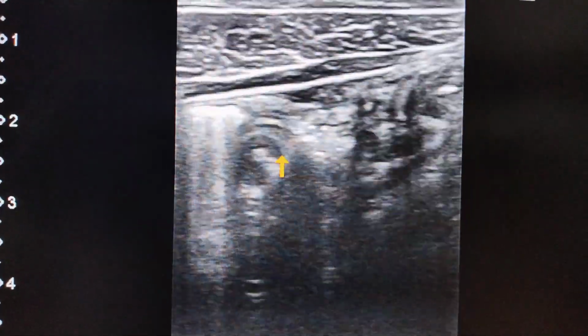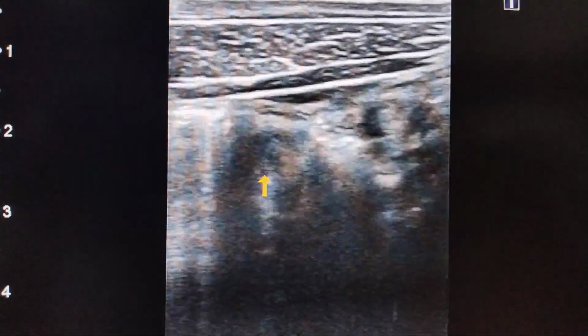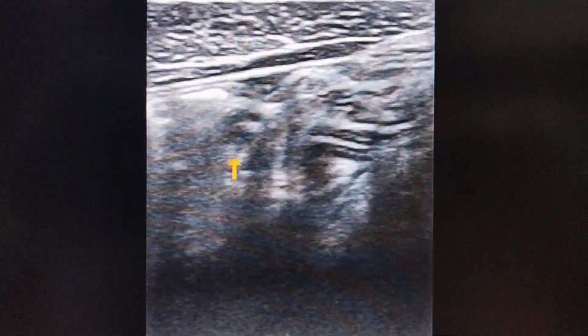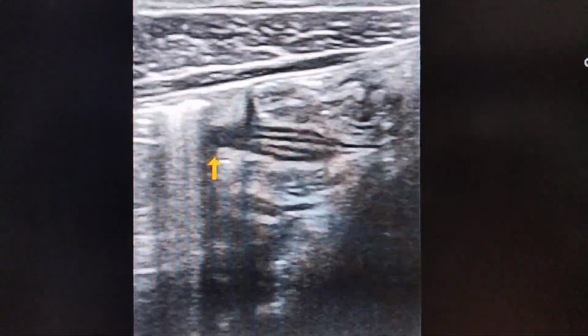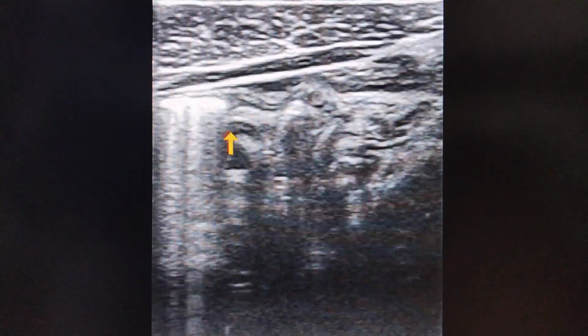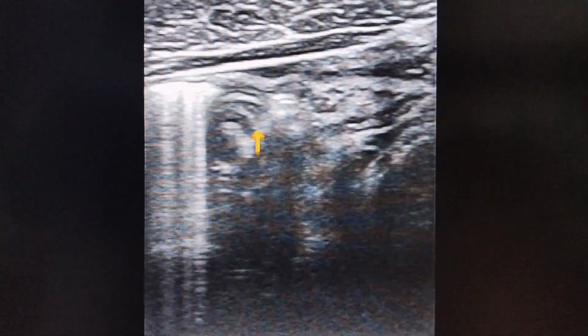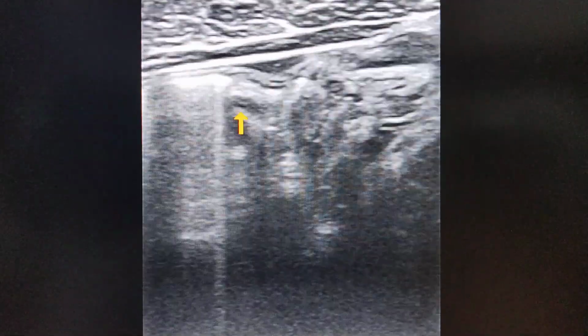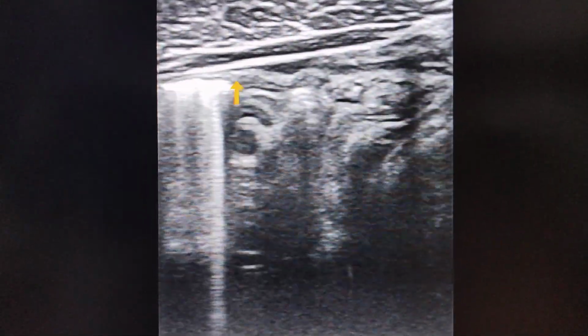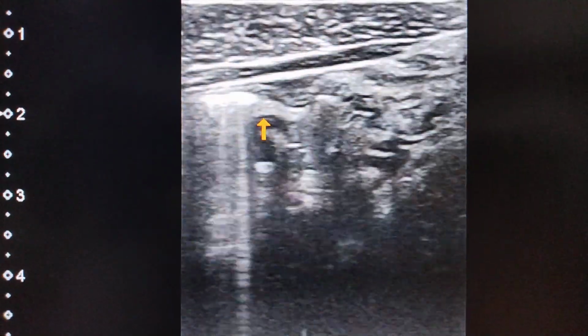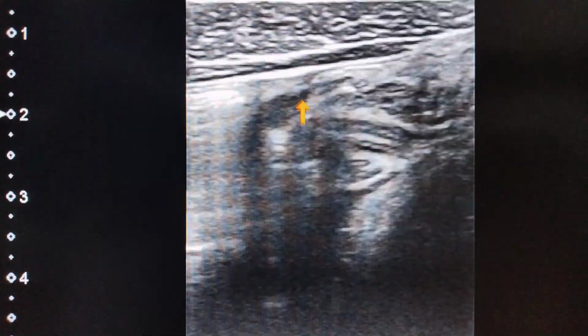and here if you closely observe this structure, this is the cecum, and this structure is the appendix, which is just medial and slightly posterior.